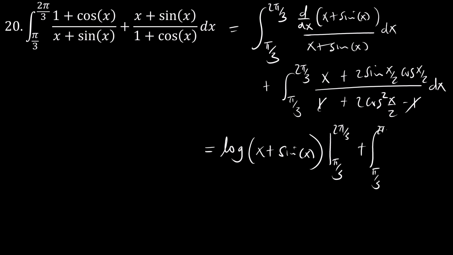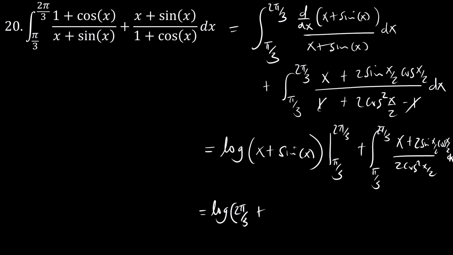From pi over 3 to 2 pi over 3, we have x plus 2 sine x over 2 cosine x over 2 over 2 cosine squared x over 2. So we have natural logarithm of 2 pi over 3 plus sine of 2 pi over 3. It's log of pi over 3.